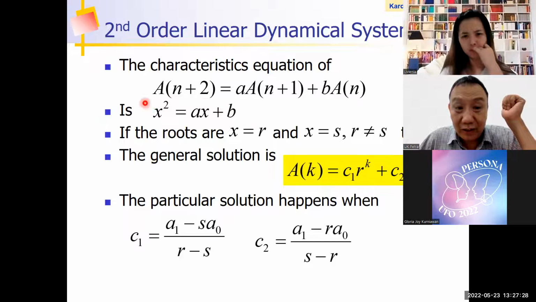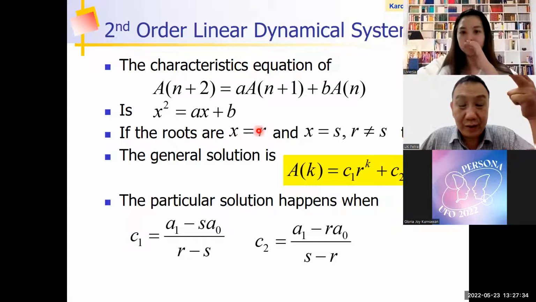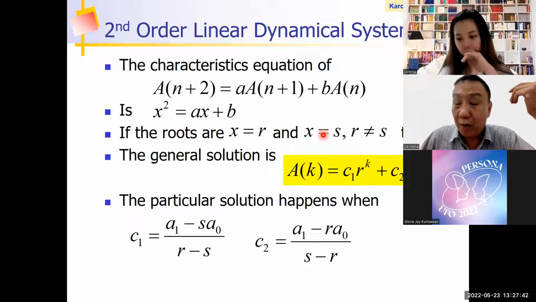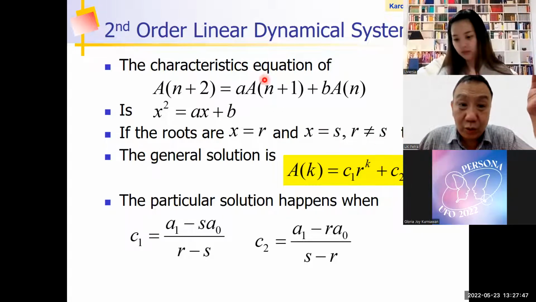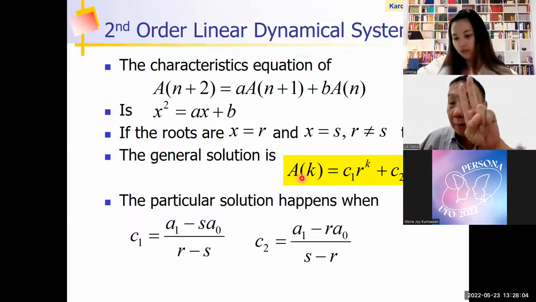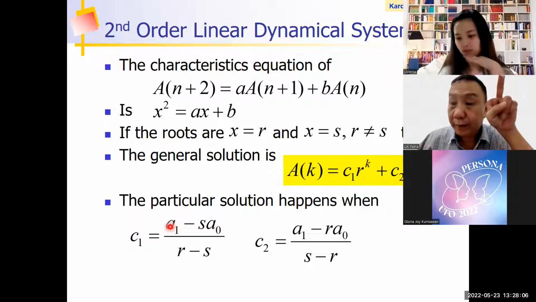You solve this quadratic equation and you will usually have two roots, because this is quadratic. Let's name the roots r and s. Let's assume for the moment that r is not equal to s. Then the general solution of this second order linear dynamical system is this one in yellow. To find the particular solution, you need to give two numbers, which are A0 and A1.